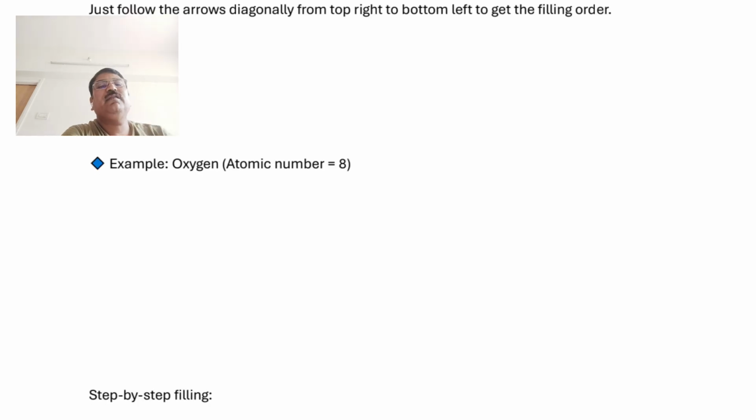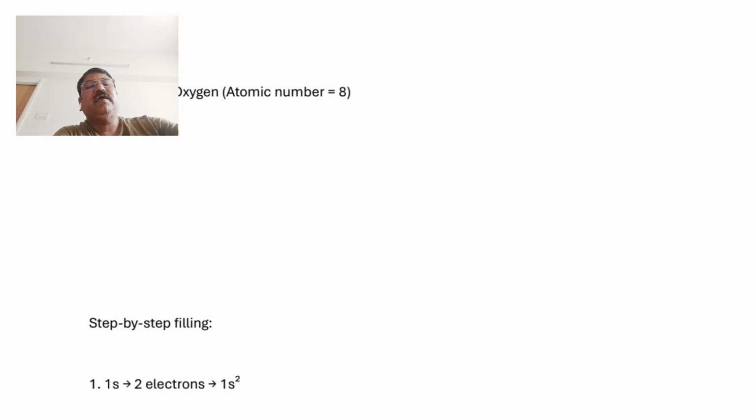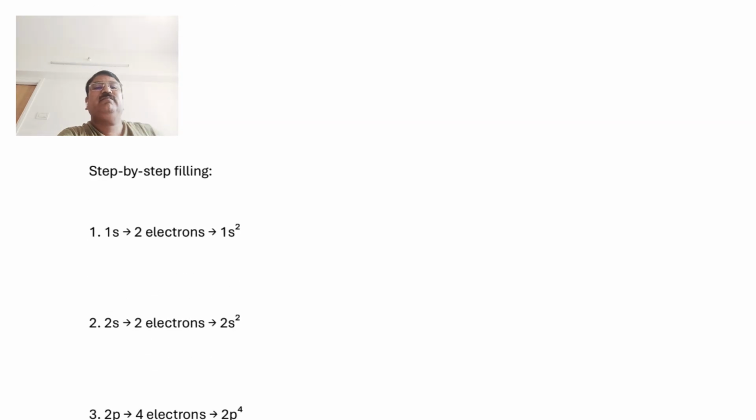Now for example, we are taking an example of oxygen having atomic number 8. Atomic number 8. How are the electrons filled? See the diagram. First two electrons enter 1s2. Next two electrons enter 2s2.